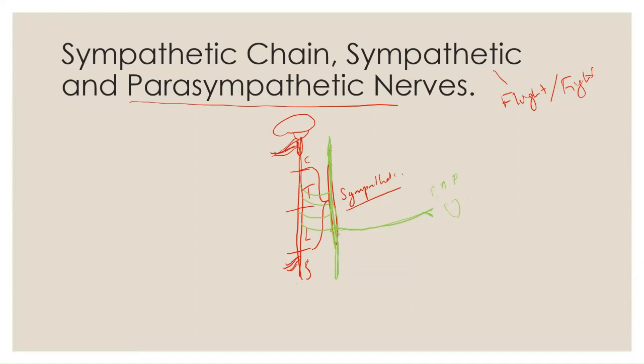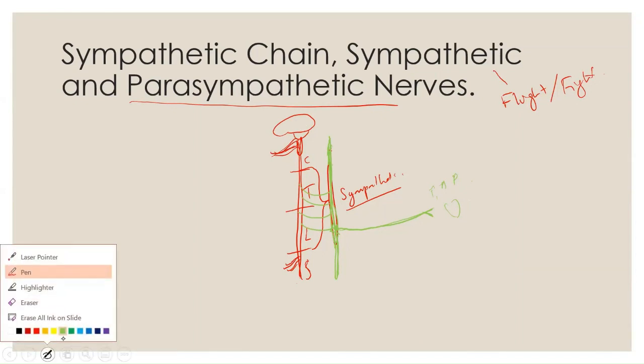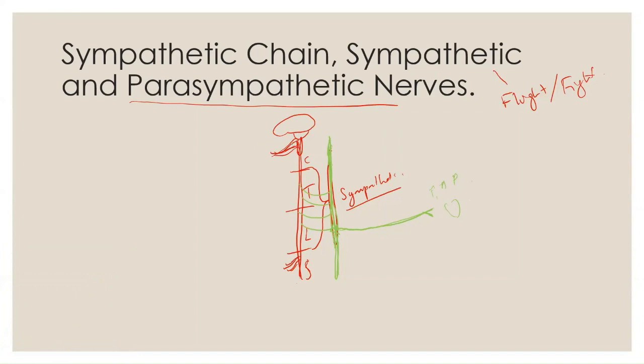And if you take the parasympathetic nerves, the first nerve has its cell bodies in the brainstem, and they travel close to the organ which they are supplying.